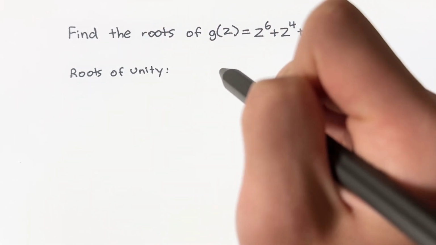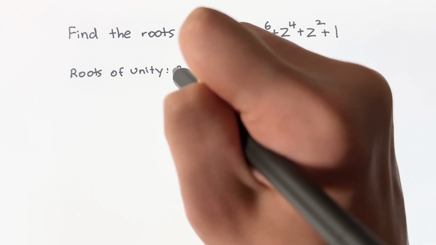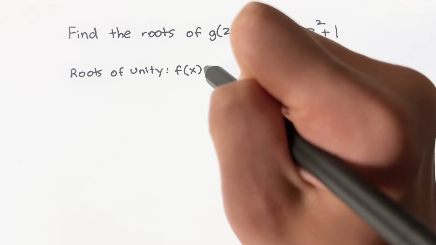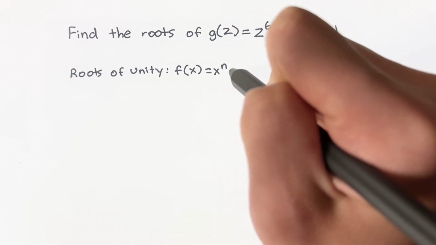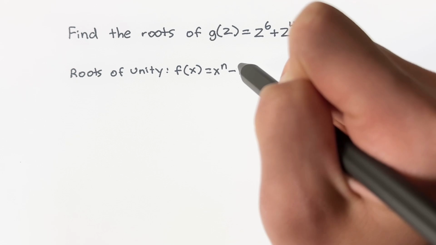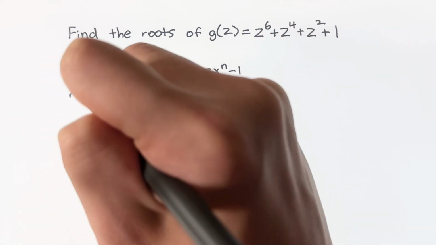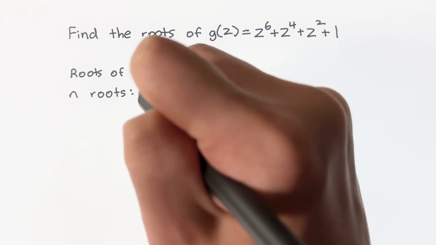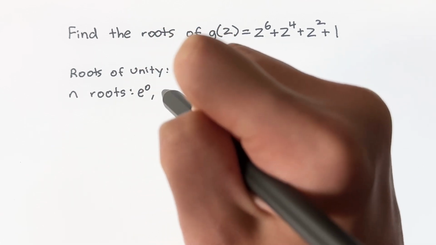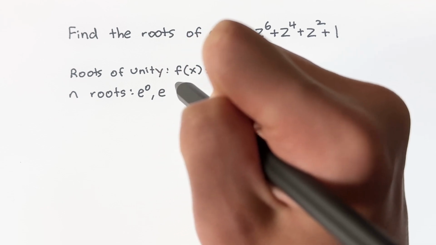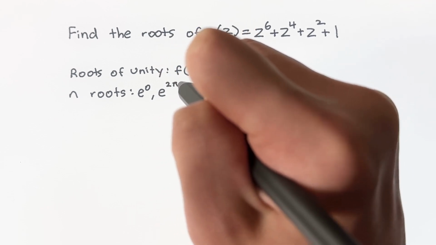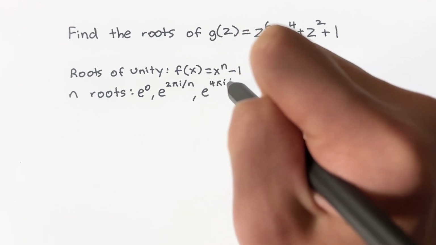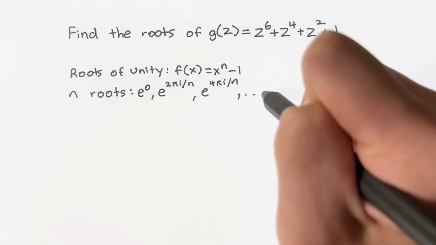So if you have a function f of x equals x to the power of n minus 1, the n roots are going to be e to the power of 0, e to the power of 2 pi i divided by n, e to the power of 4 pi i divided by n, and so on.